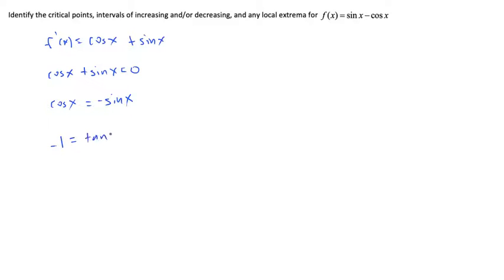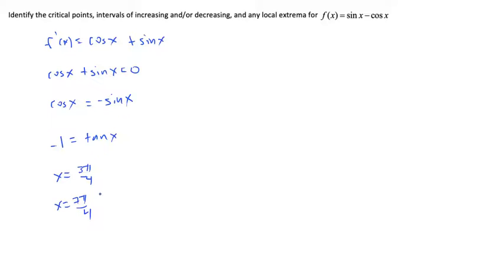So where does tangent equal negative 1? That one may be a little bit easier to deal with. We know that tangent is equal to negative 1 at 3 pi over 4 in quadrant 2, and 7 pi over 4, which is in quadrant 4. So these are our critical numbers.